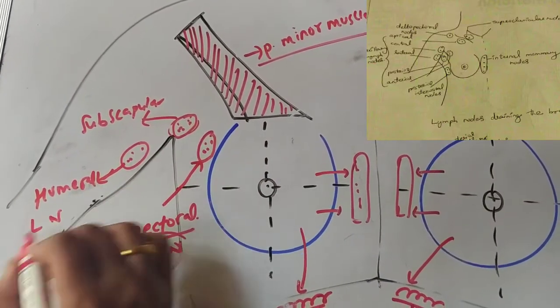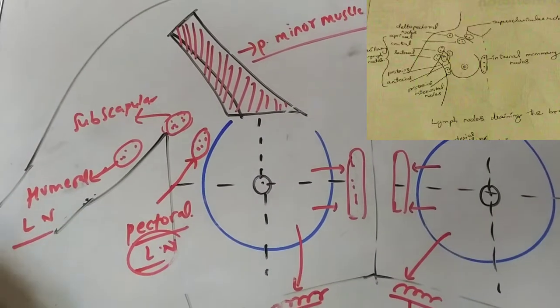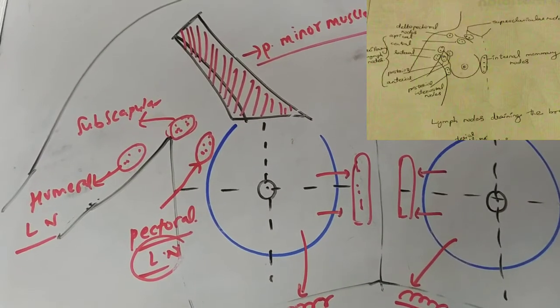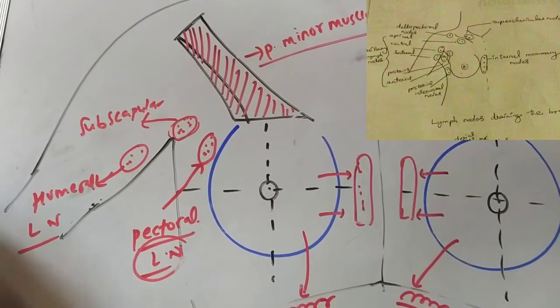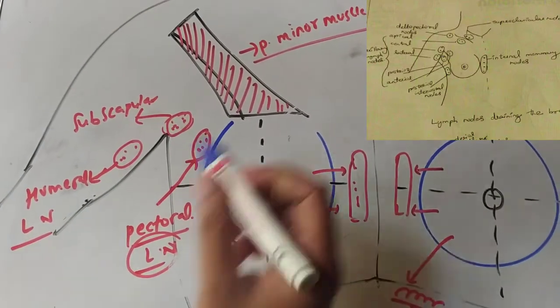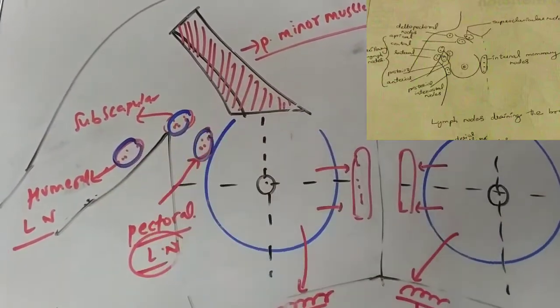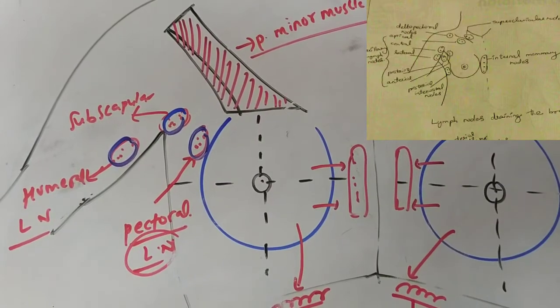So there are three lymph nodes lying just below the pectoralis minor muscle. You can see that this is the pectoralis minor muscle, and these three lymph nodes lie below it.